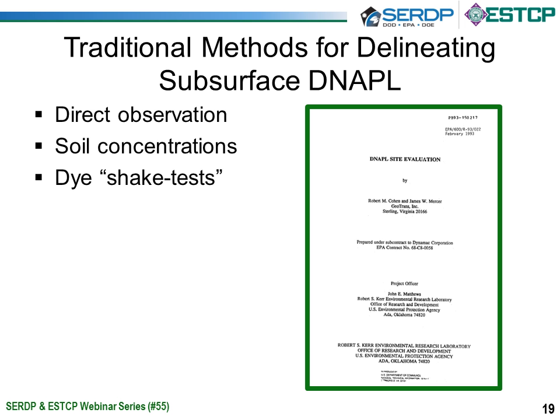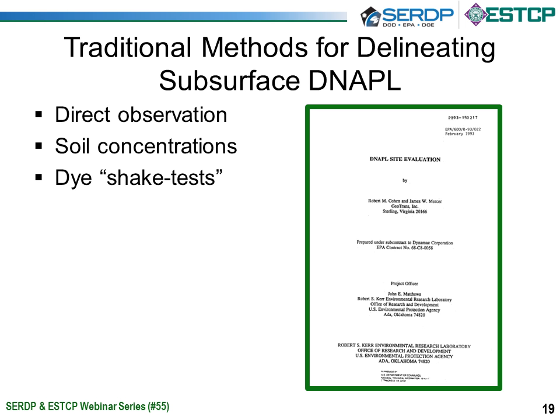The problem with that is that the subsample you send to the lab may not be representative of the entire core, or you may have biases during the collection of the soil core, such as poor sample recovery, which is really quite common in subsurface investigations. So there's limitations with using soil concentrations for defining DNAPL in the subsurface.